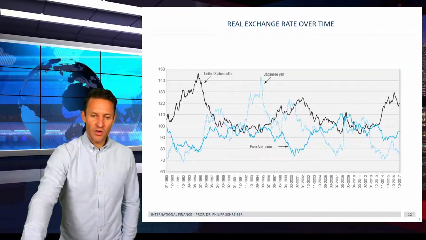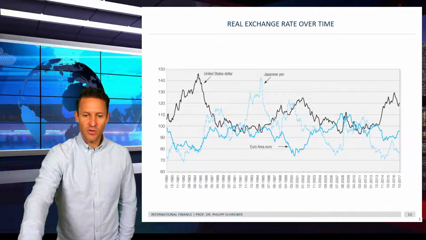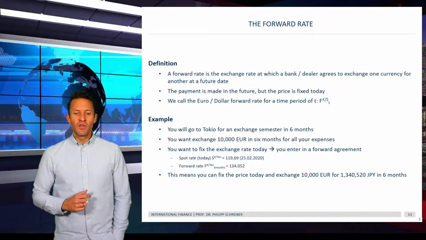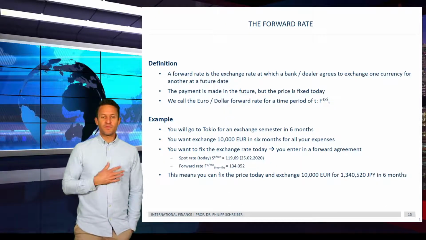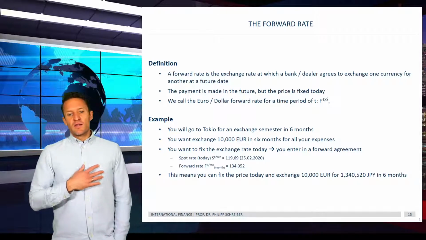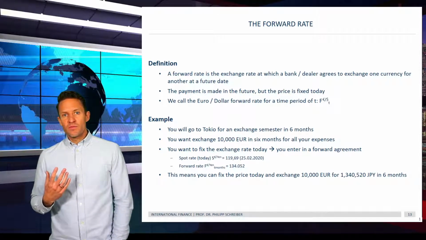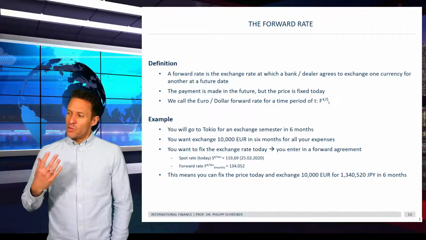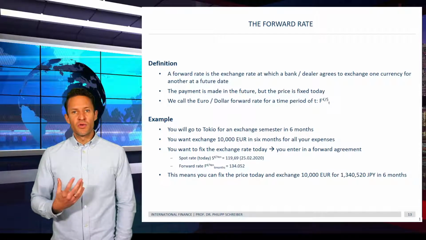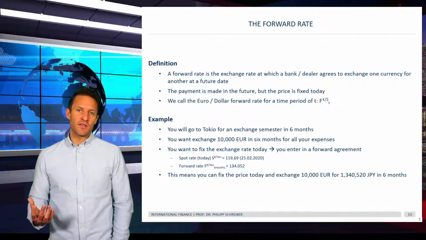Here I have a graph, sorry, that is just how it fluctuates, and we move to some definitions. So there is something we need to do about the risk of changing exchange rates.